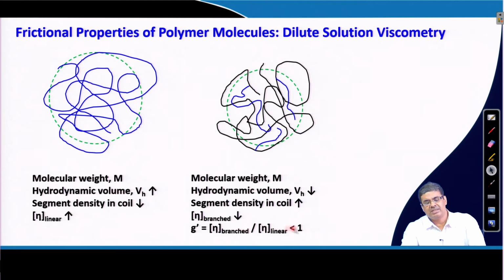If there is no branch, then it will be equal to 1. So, this g prime is the value which is generally used to describe or quantify the extent of branching in a polymer chain.